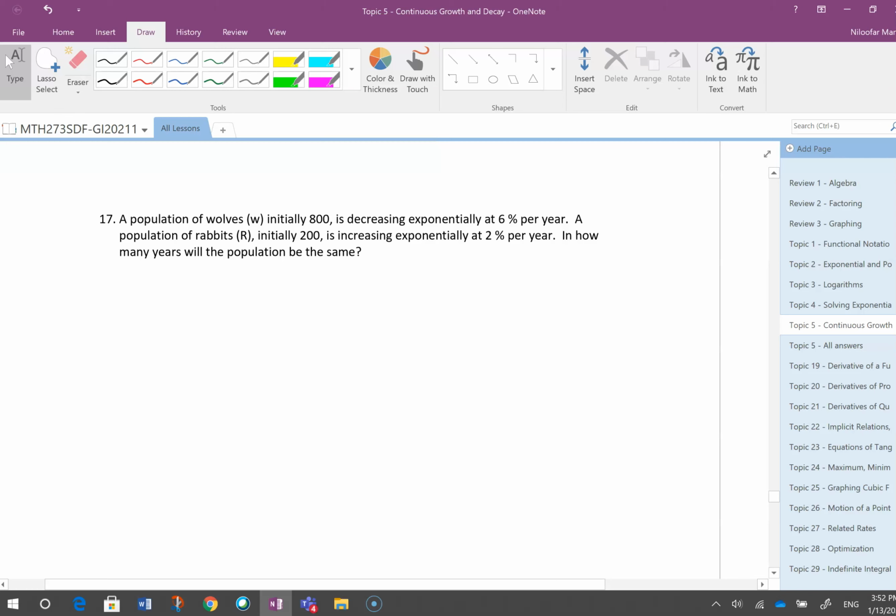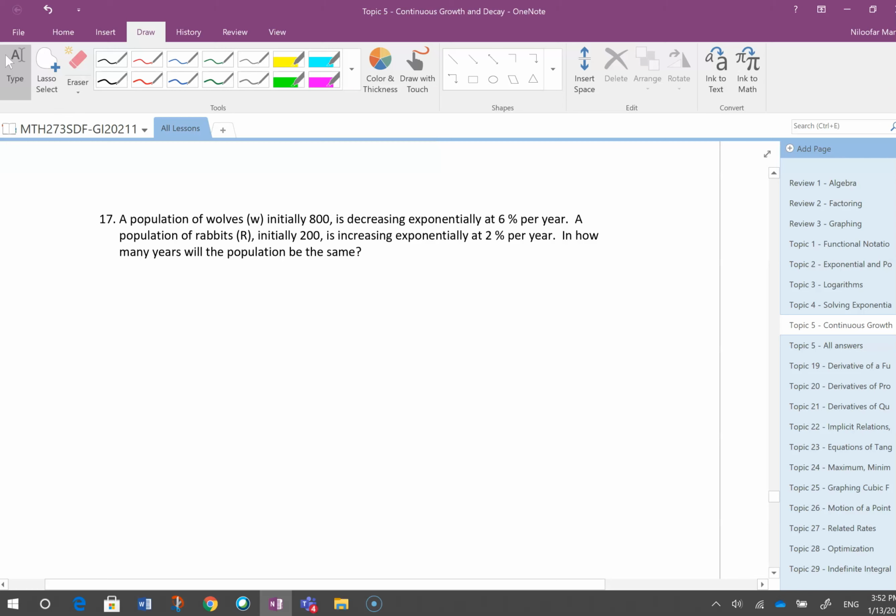So I have to use logarithm rules from topic 3. Ln 4 plus ln e power that equals ln e power that, which is ln 4 minus this equals this.